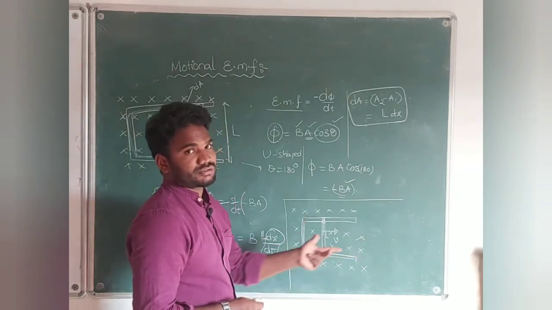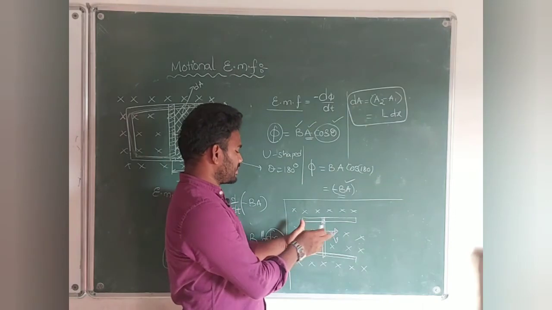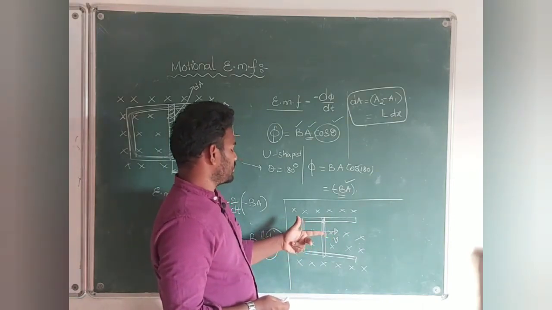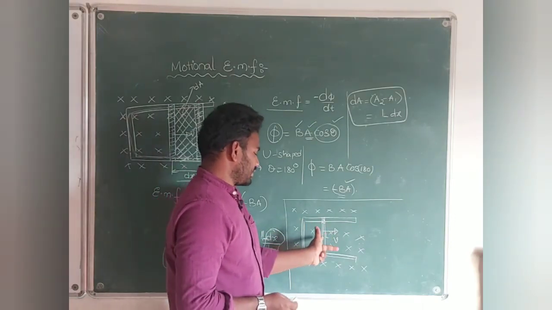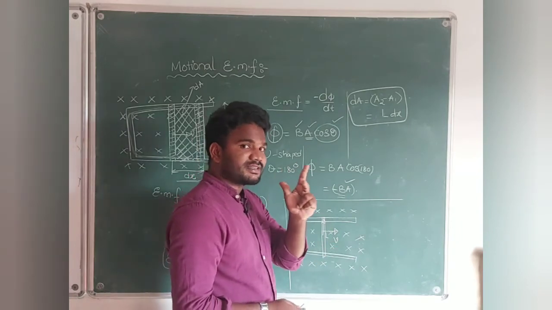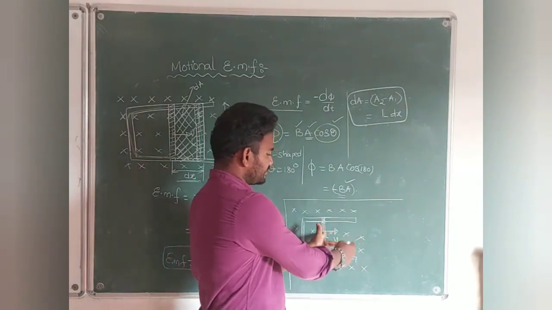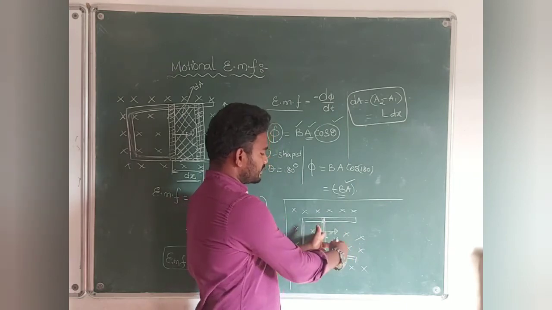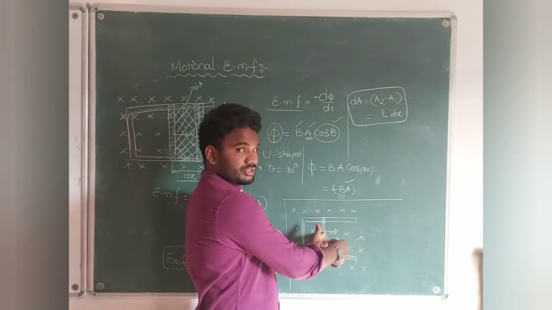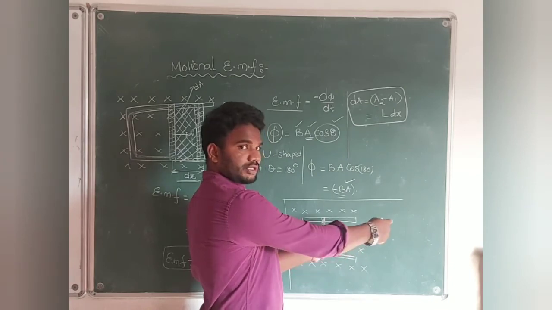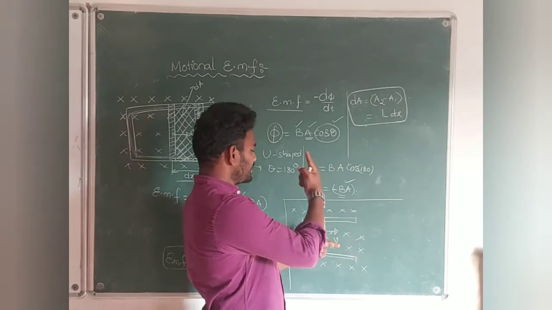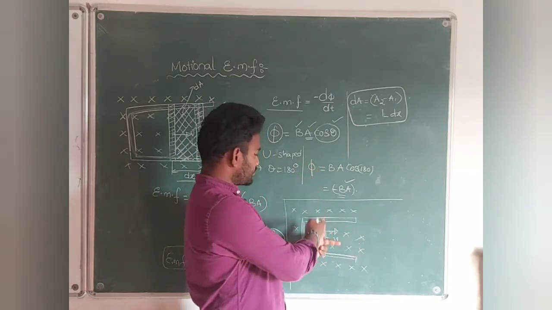So V is moving this side, try to catch my point. The magnetic field is going inward. Motion is along the positive x-axis, length is along the positive y-axis.